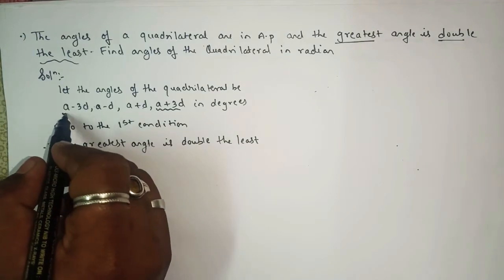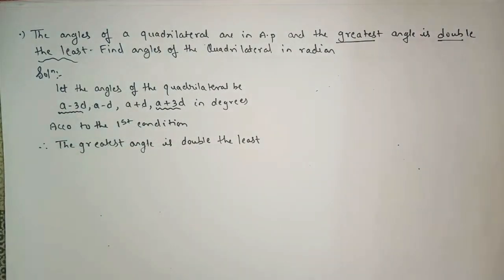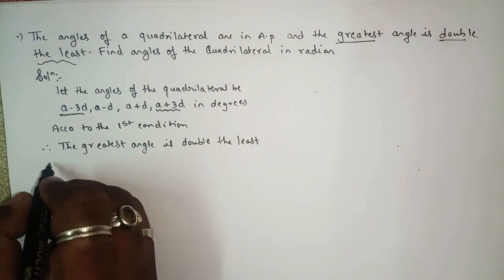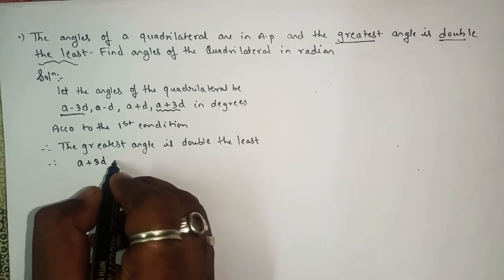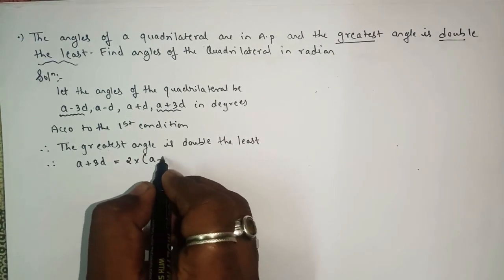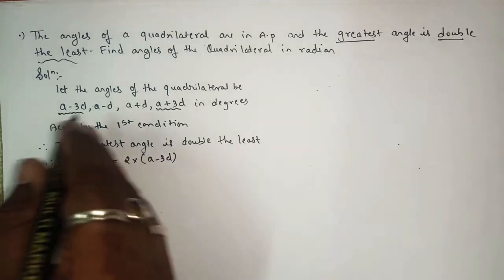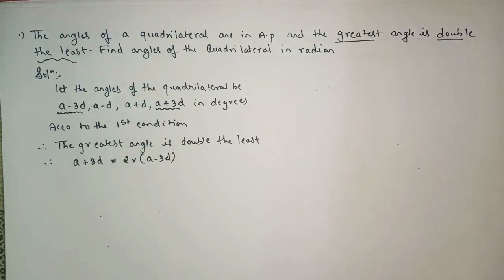Of course the smaller angle will be A minus 3D. So here the least means the smallest angle. So therefore the greatest angle, that is A plus 3D, is equal to double, means twice, the least, A minus 3D. So here this is the greater angle and this is the smaller, the least angle.